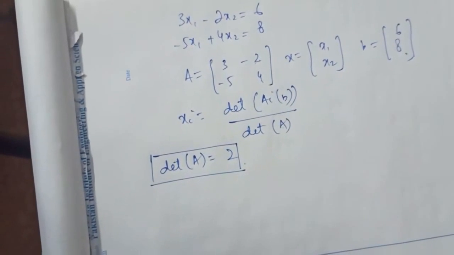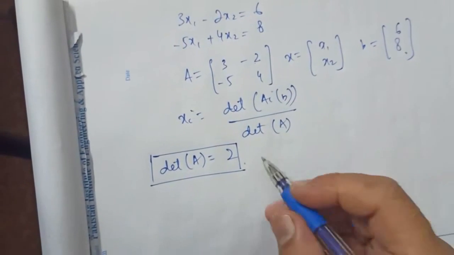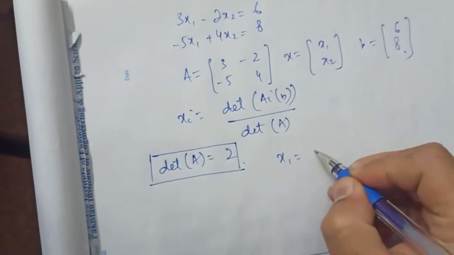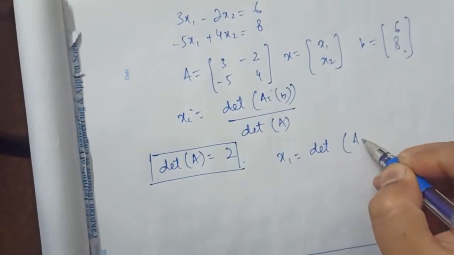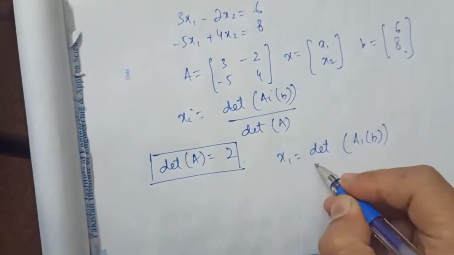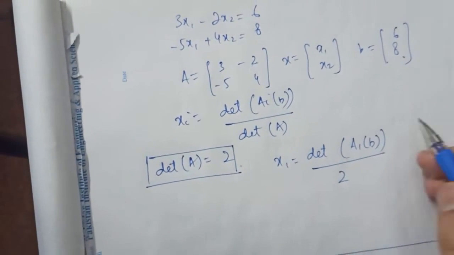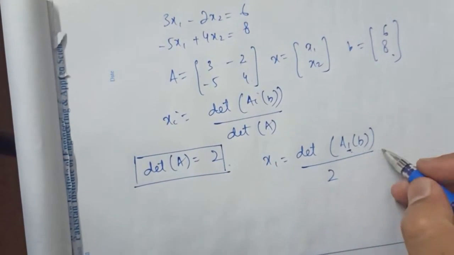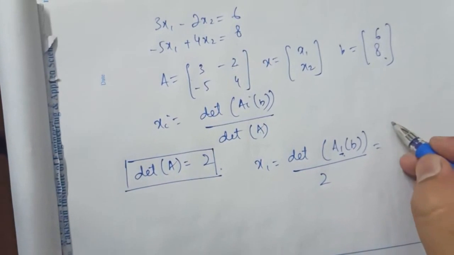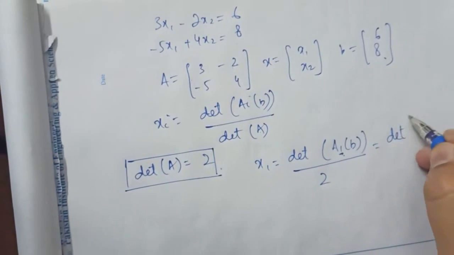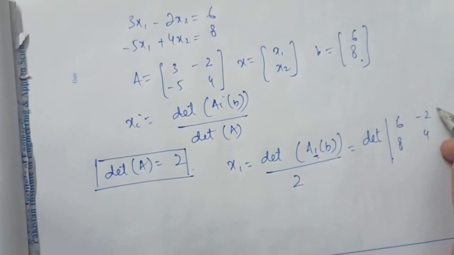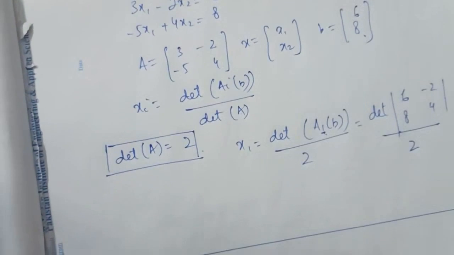Now A I B, so there are two values. For x1 I can write x1 is equal to determinant of A1B, divided by 2. So what is A1B? In A1B, I replace the first column of matrix A with B. So I can write this as determinant of, replacing the first column with B, 6, 8, minus 2, 4, divided by 2.